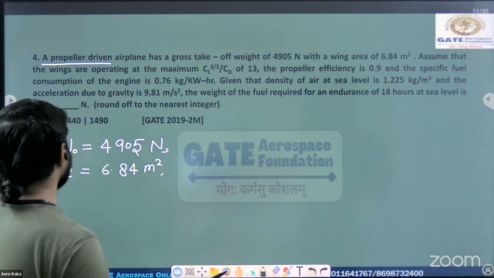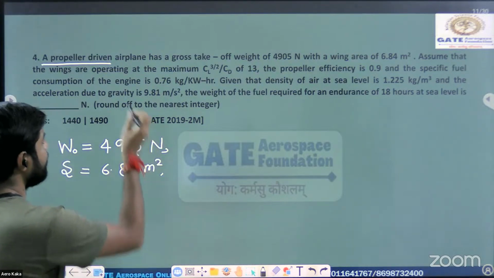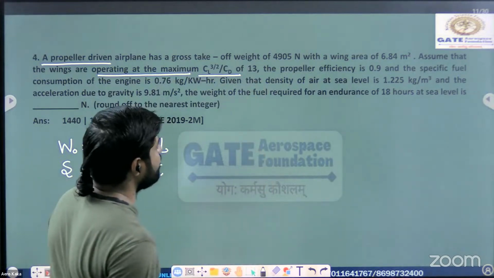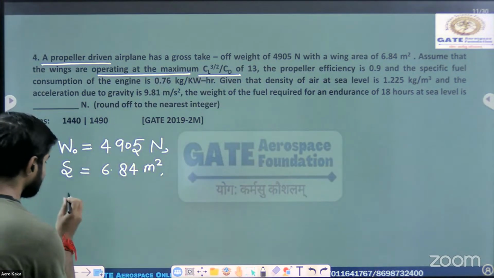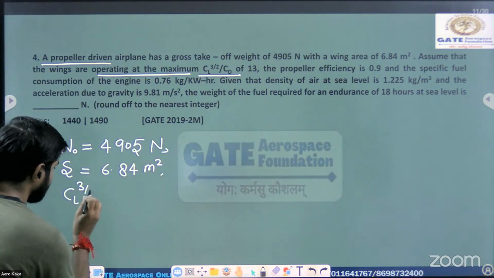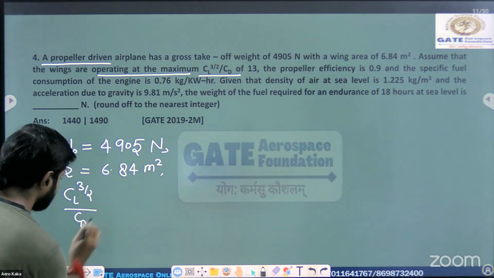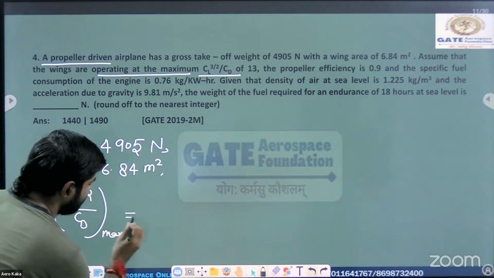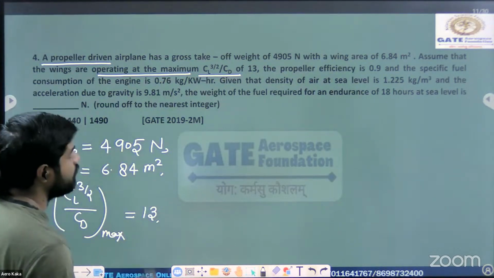Then assume that the wings are operating at maximum CL raised to power 3/2 upon CD, which is given here as 13.